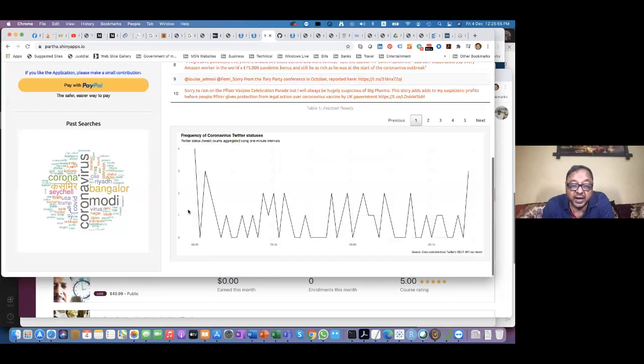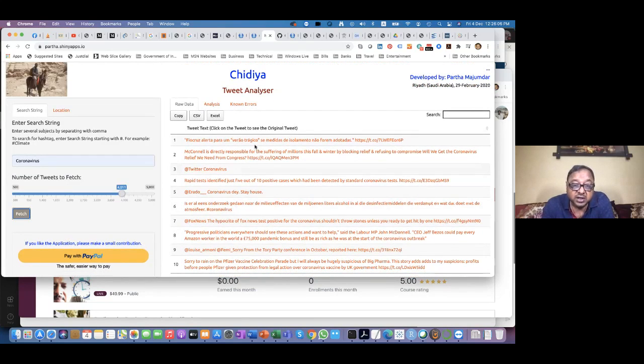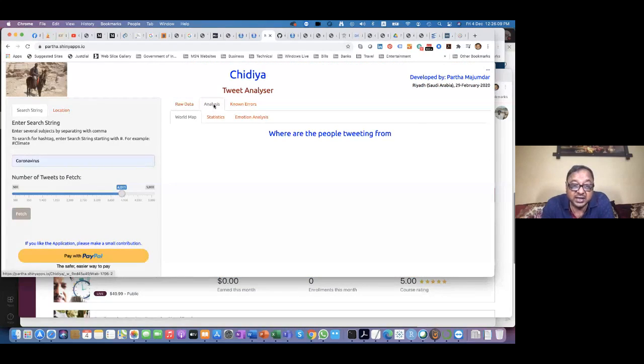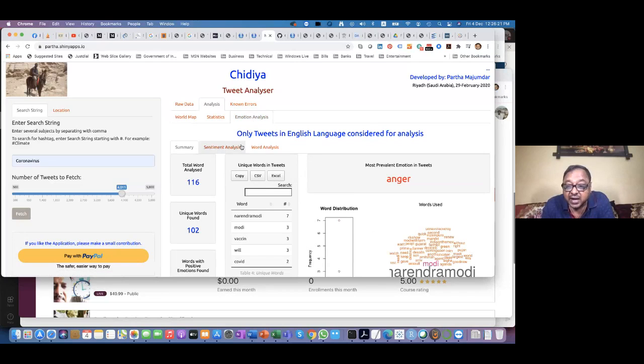First of all, one of the applications of data science is to be able to visualize the data. You can see that this is a time series. This is the way people have been tweeting about coronavirus in the recent past. Now coming to the main topic of emotion analysis. You can see that we have fetched the tweets on coronavirus, and the tweets have come from these parts of the country right now. Basically the tweets are coming from India right now. And the emotion we get from these tweets is anger.